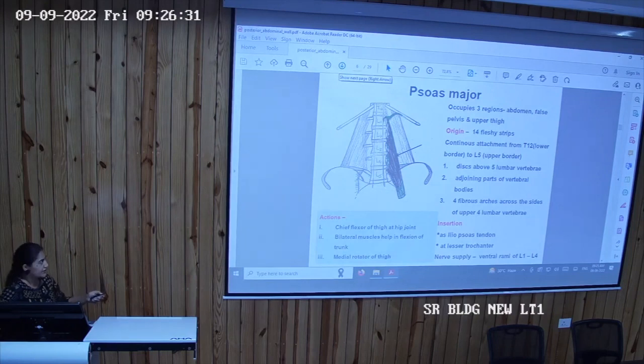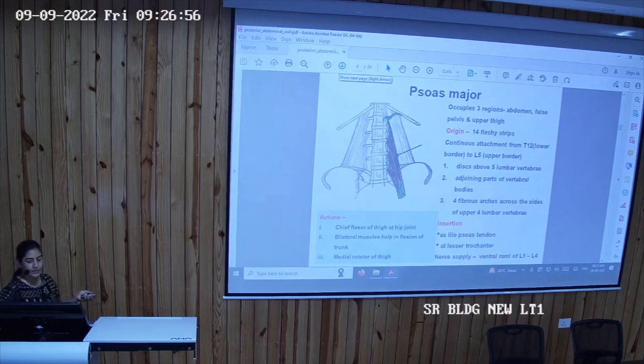If they are reaching the lesser trochanter and they contract, what will they cause? Flexion. So they are the chief flexors of the thigh at the hip joint, and if they contract bilaterally, you will be able to bend down. So your trunk will be bending down because of the flexion by the psoas major muscle bilaterally.